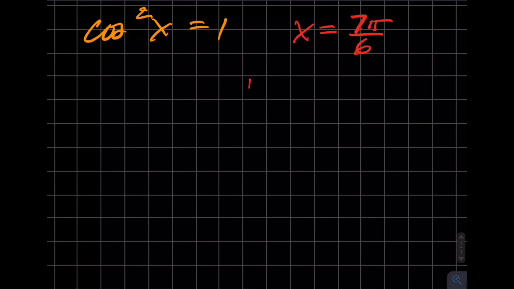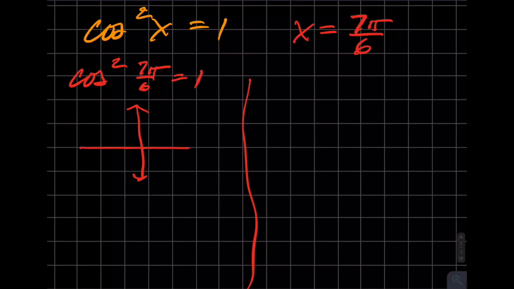And I guess I could do it both ways. Since they're asking it this way, I'm going to substitute the angle in there, and we're going to figure out what the cosine of 7 pi over 6 is. 7 pi over 6 is this guy, and so I get negative radical 3 over 2.